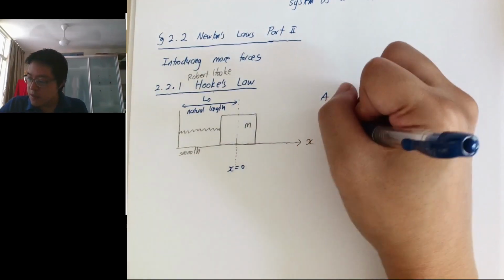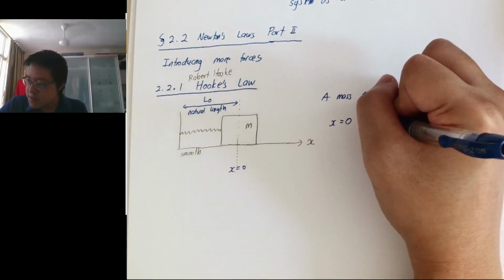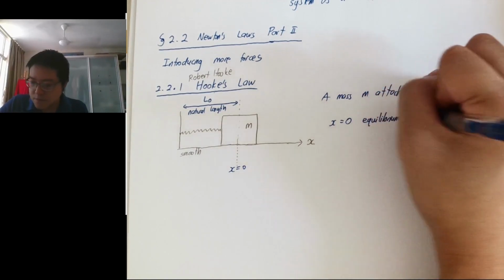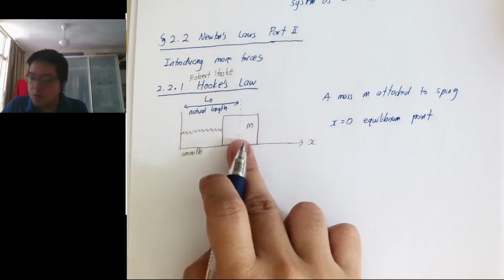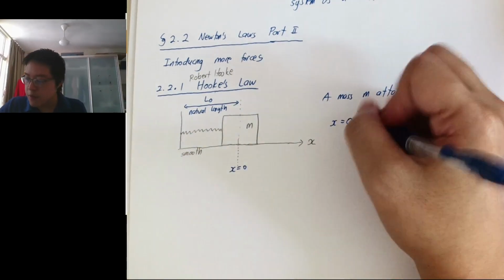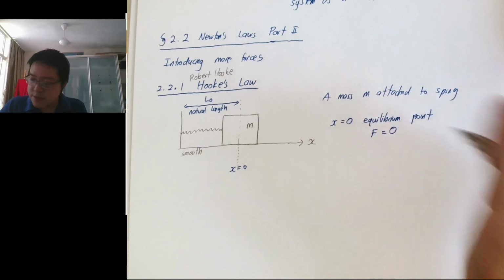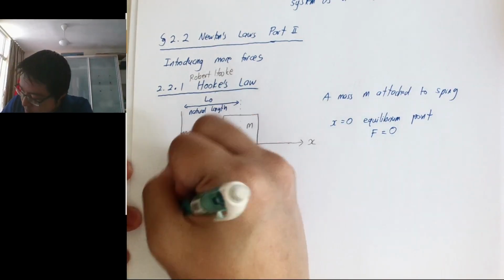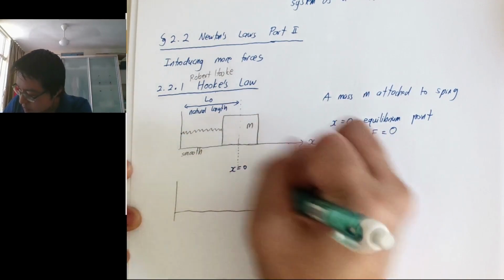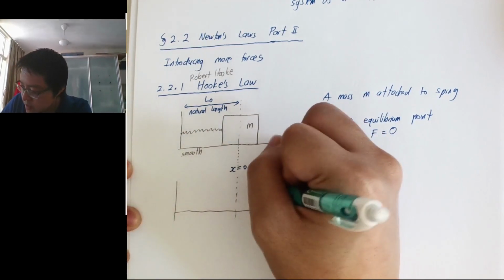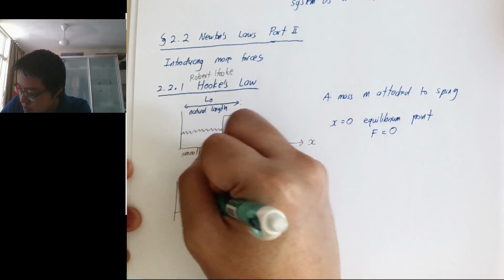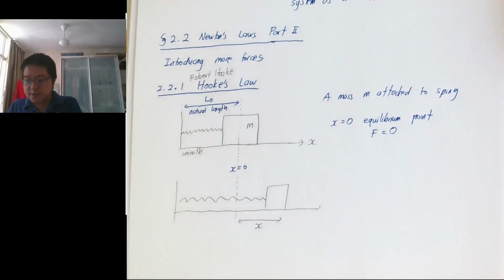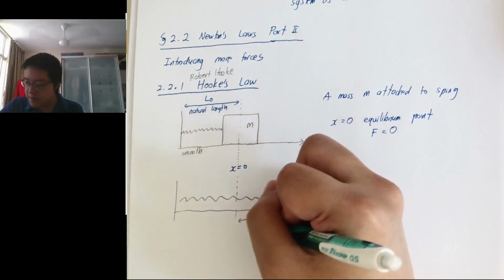So we say that x is equal to 0 is the equilibrium point, because when my object is at the equilibrium point, the net force on the object is going to be 0. But if I pull this thing out beyond its equilibrium point, so if this object is here, attached to a spring over here, the distance is some value of x, and here x is a positive number.